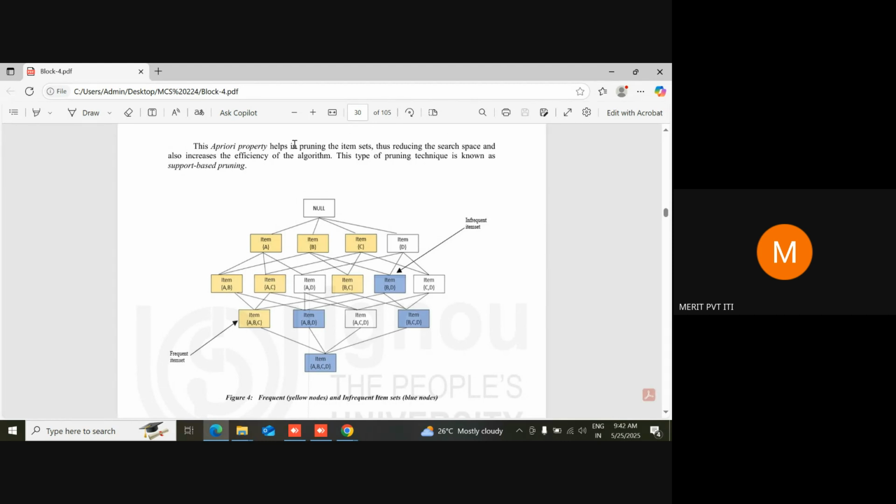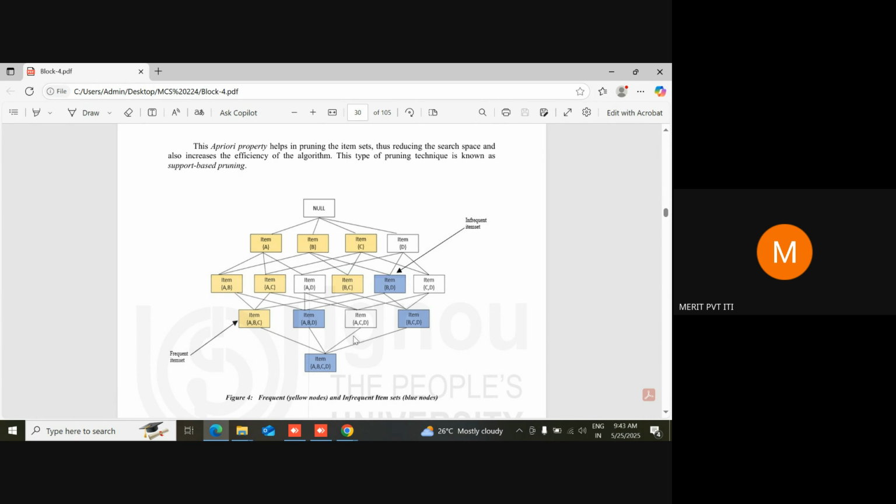So this is the frequent cleaner. Items A, B, C are frequent. D is not frequent. AD is not frequent. BC is frequent. CD is not infrequent, but it is in between.